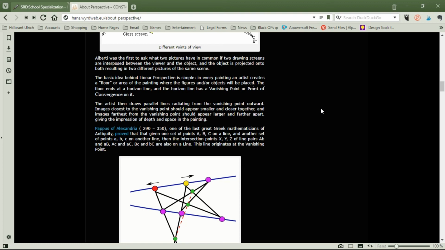The artist then draws parallel lines radiating from the vanishing point outward. Images closest to the vanishing point should appear smaller and closer together, and images farthest from the vanishing point should appear larger and farther apart, giving the impression of depth and space in the painting.